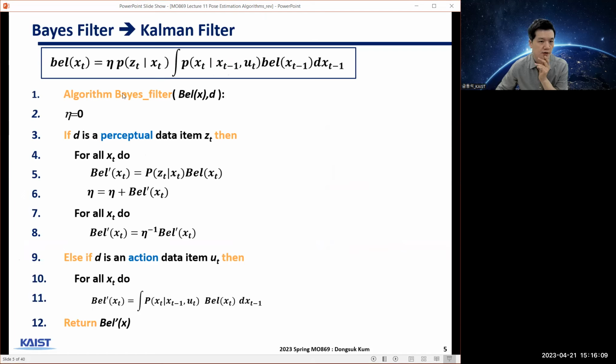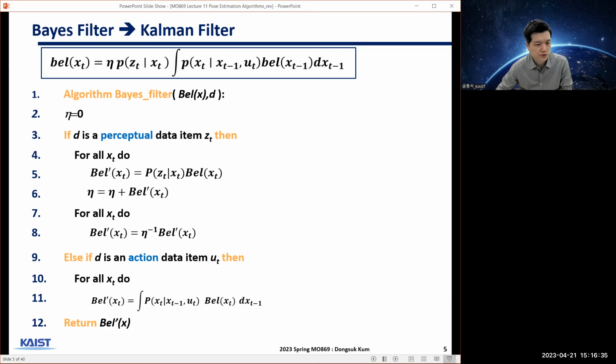So last time we derived the Bayes filter, and now we're going to extend that towards Kalman filter and particle filter. So basically, Kalman filter can be derived from Bayes filter, but under a few assumptions.